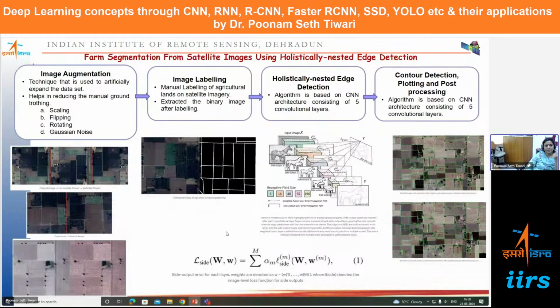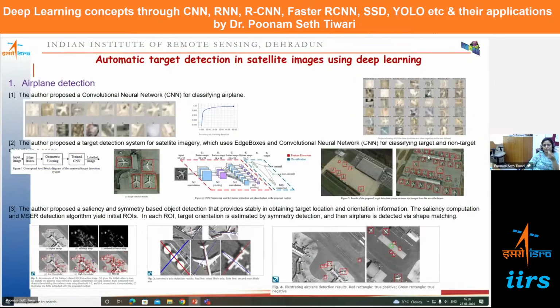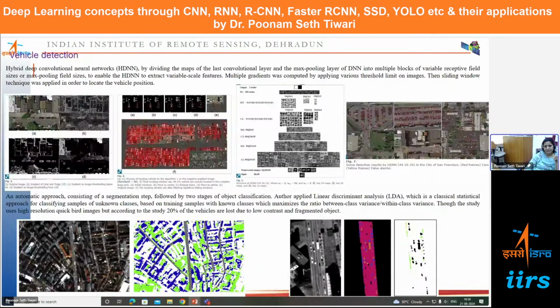This is again segmentation of the crop plants, that means the farm boundaries, the agricultural field boundaries. Then target detection, airplane detection, car detection, vehicle detection.